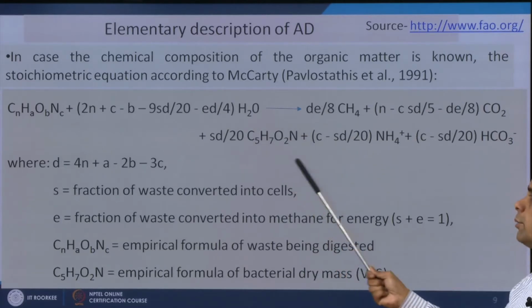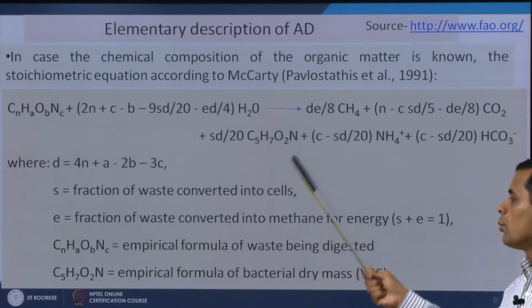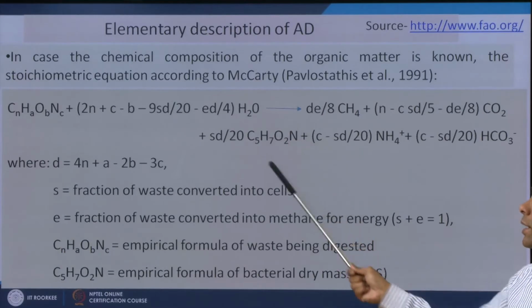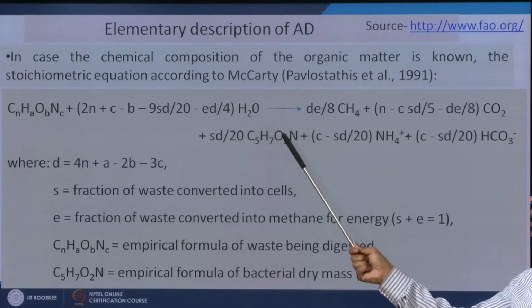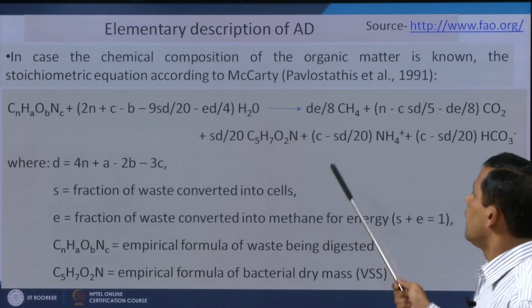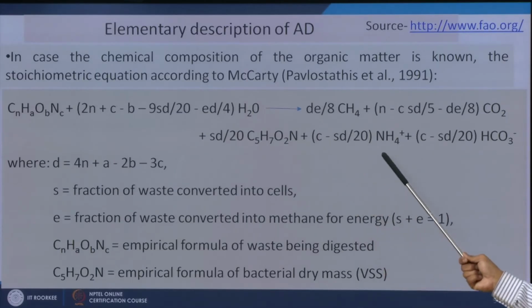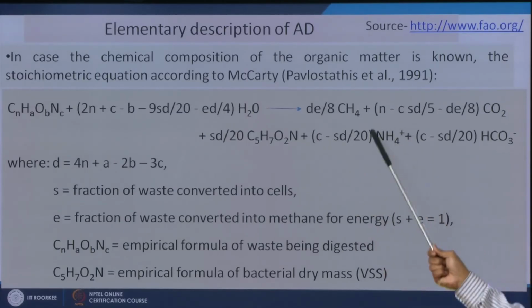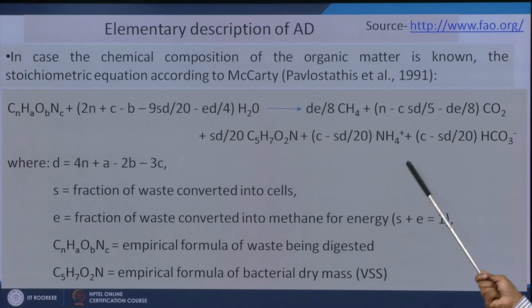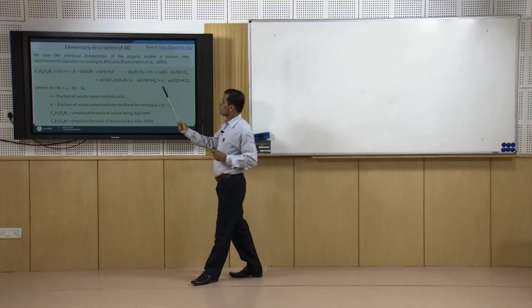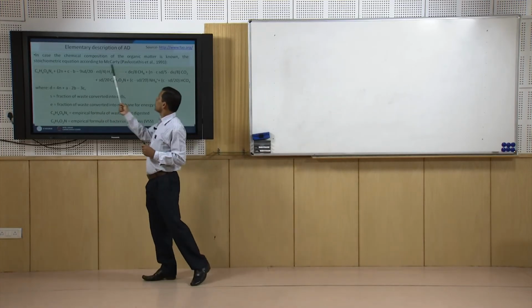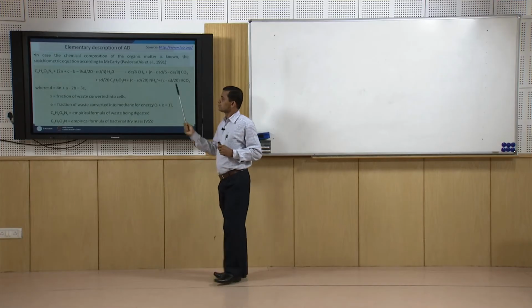This is the empirical formula of bacterial dry mass, which will be produced in the system, plus (c minus s d by 20) NH4 plus, since NH4 will also be available in the slurry, plus (c minus s d by 20) HCO3 minus. This is the empirical formula proposed by these researchers.